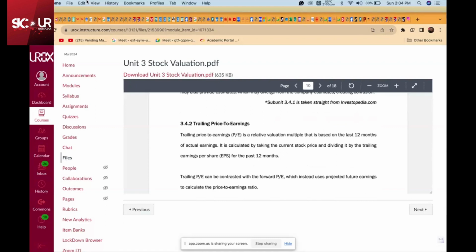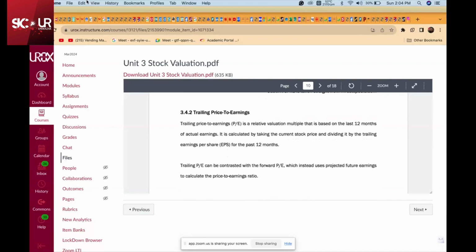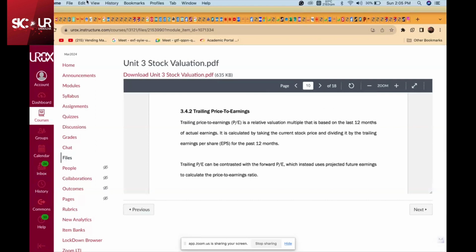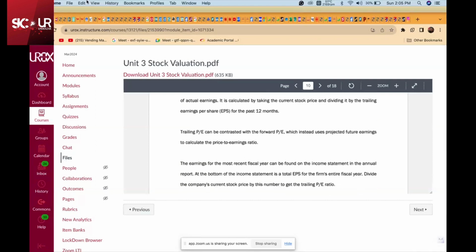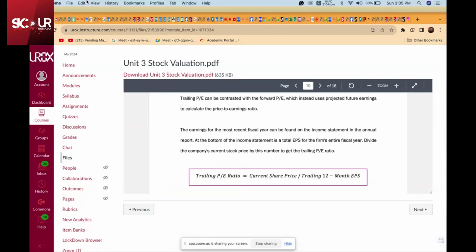Trailing price to earning is a relative valuation multiple that is based on the last 12 months actual earning. It is calculated by taking the current stock price and dividing that by the trailing earning per share. So trailing price earning can be contrasted with the forward price earning, which instead uses projected future earning to calculate the price earning ratio.